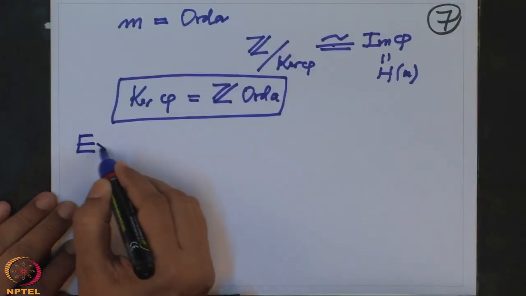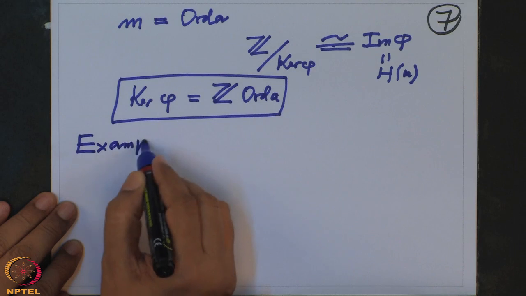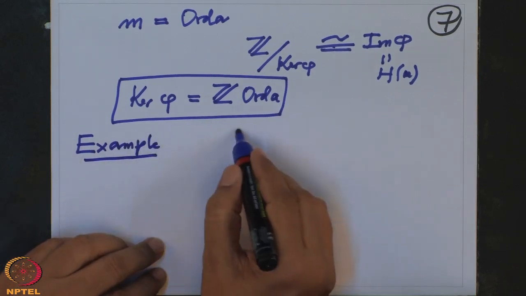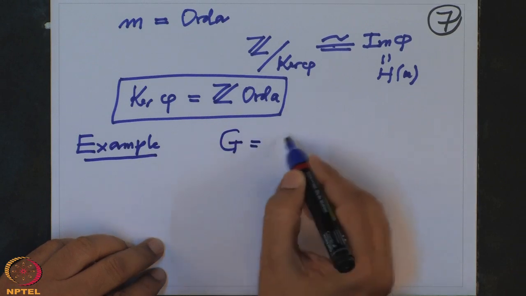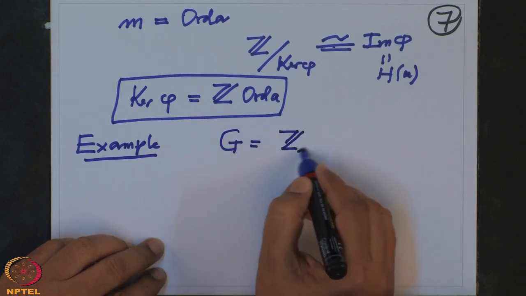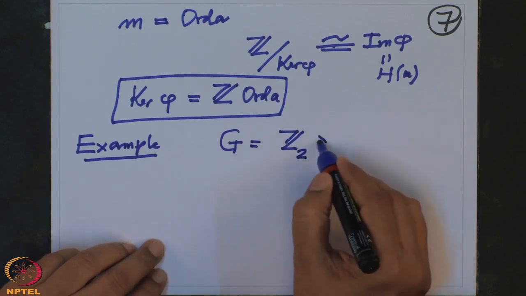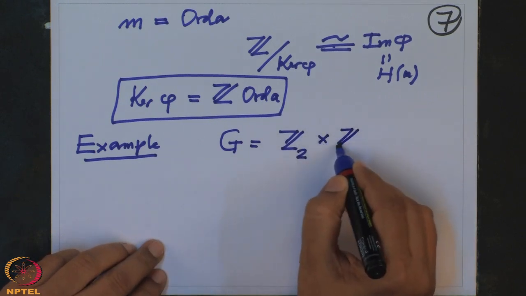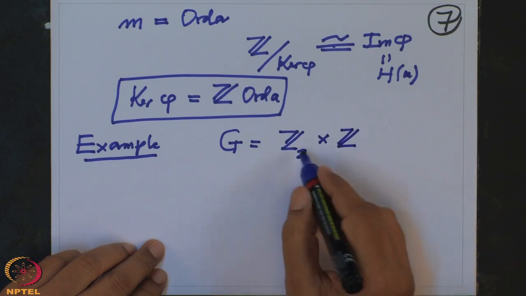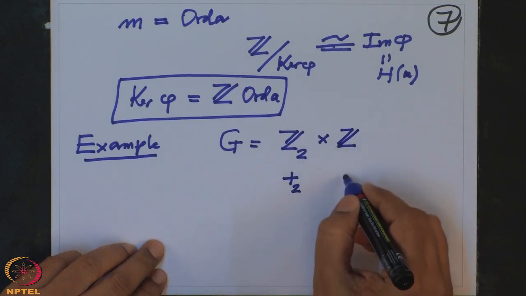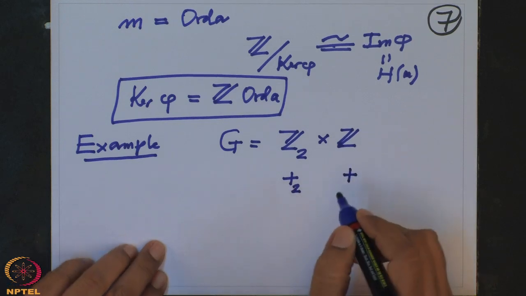All right. Let us see some examples, just to get acquainted with how one computes the order. Let us take G to be the product group Z mod 2 with the modulo 2 operation, cross Z, the additive group of Z. Remember the operation in the first factor is the modulo 2 operation and in the second the usual addition.